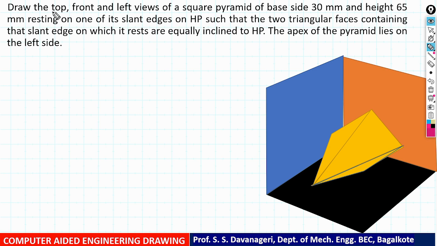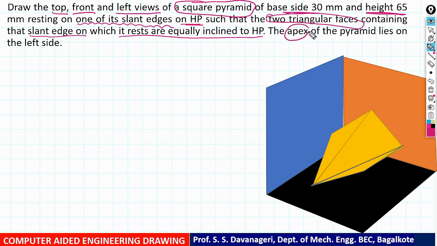Draw the top, front and left views of a square pyramid of base side 30 mm and height 65 mm, resting on one of its slant edges on HP, such that two triangular faces containing the slant edge on which it rests are equally inclined to HP.